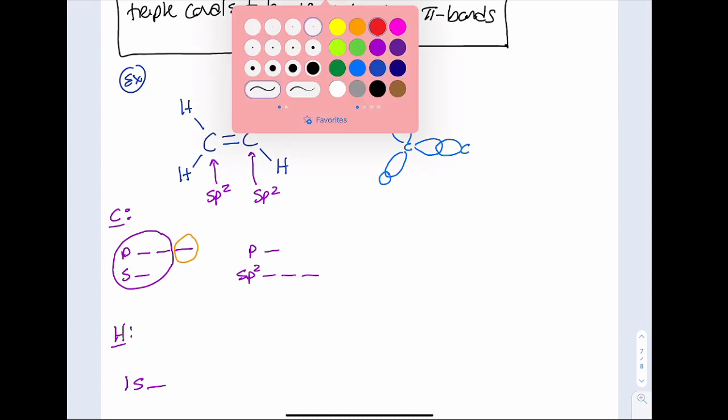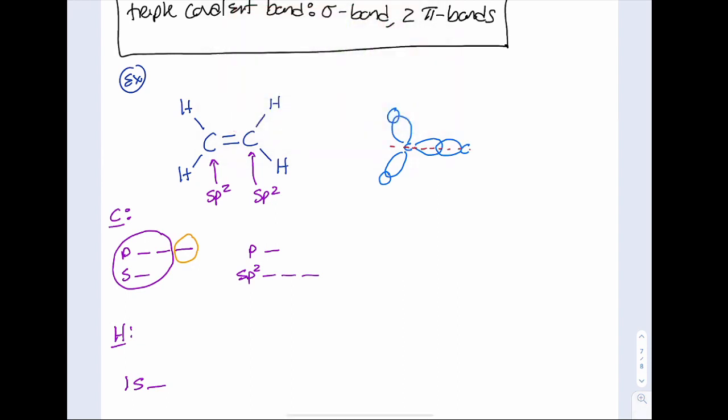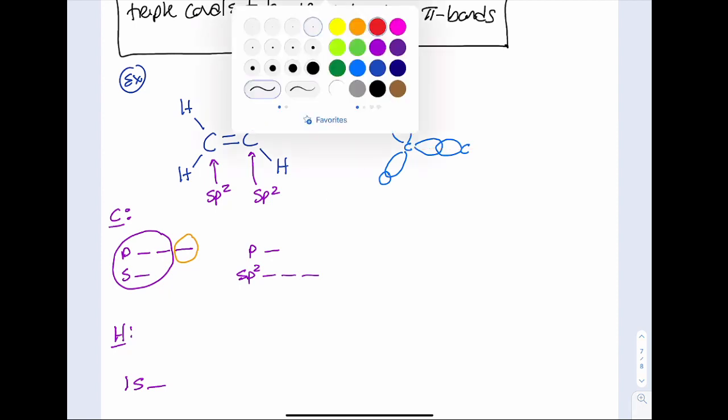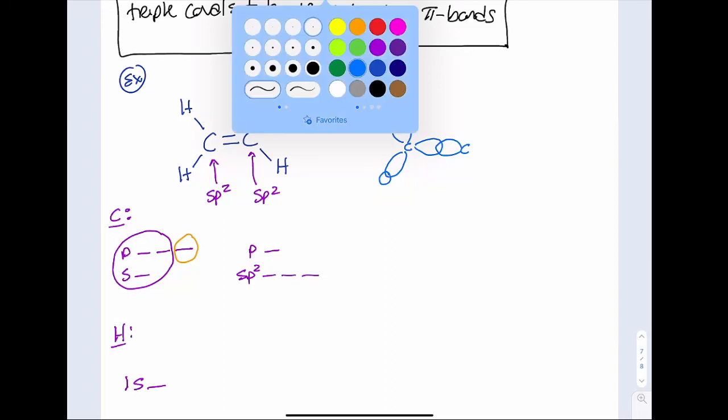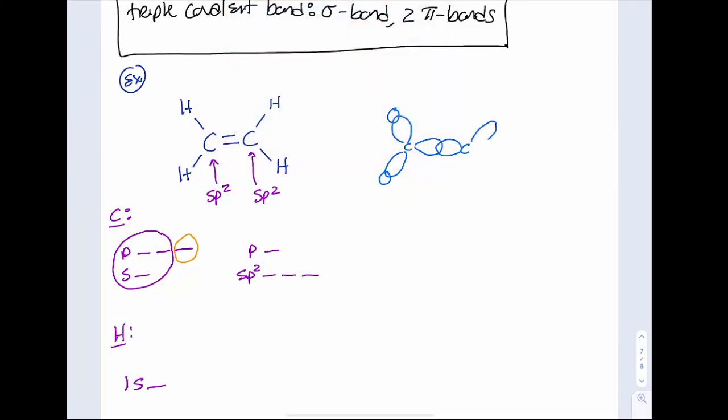If I was to connect those 2 nuclei, it goes right through that overlapping region. So that's my sigma bond for that one. My other 2 sp2 orbitals, again, I want to arrange them so they're trigonal planar, and then I'm going to overlap them with my hydrogen orbitals, right? My s orbitals of hydrogen, forming 2 more sigma bonds.